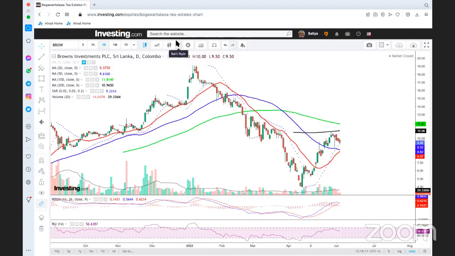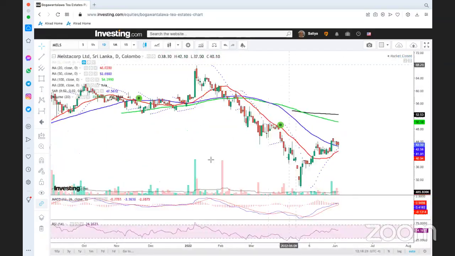Mailstar. Okay. As far as the trend is concerned, you can see that it's still in the basic stage or the early stage, trying to build up. Then something important is taking place here, because the high is 44 rupees.